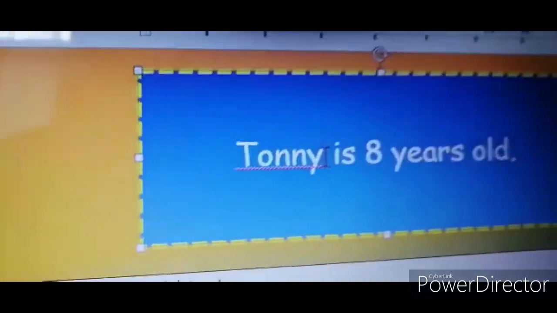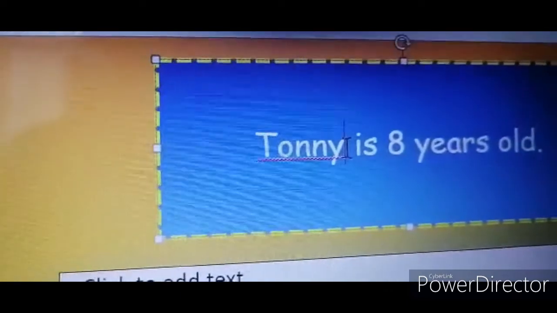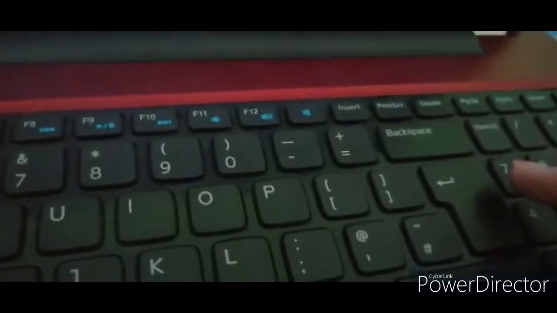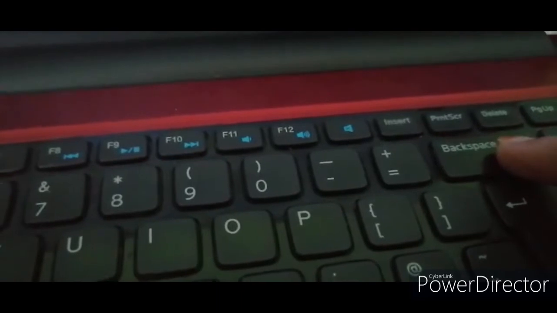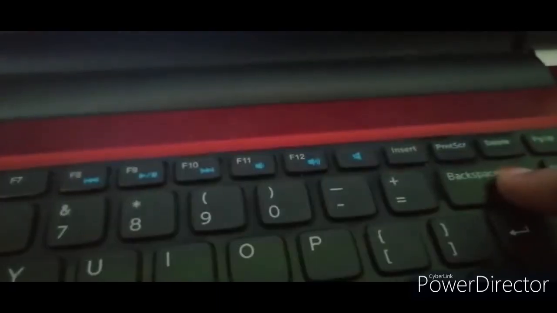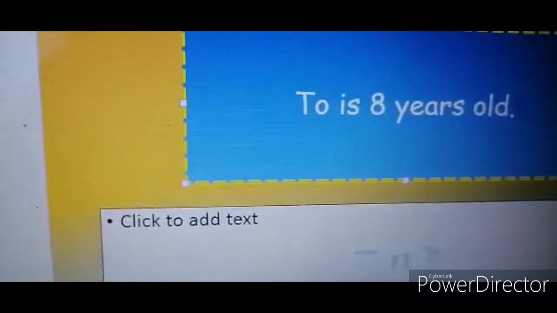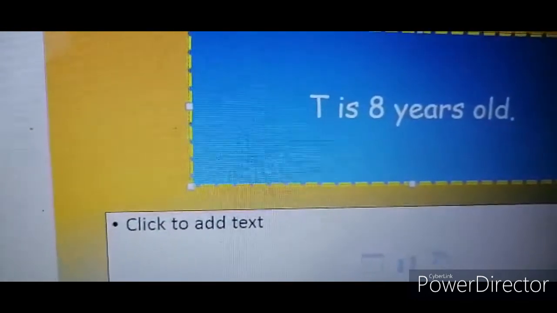Then I press on backspace key. Here is the backspace key. I press it until the whole word is erased.